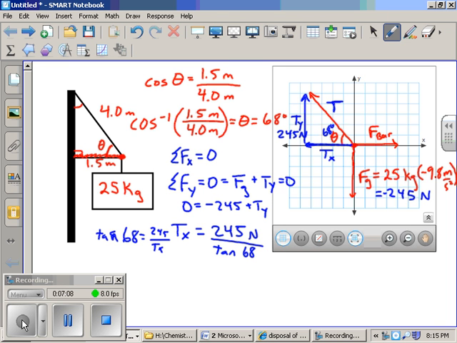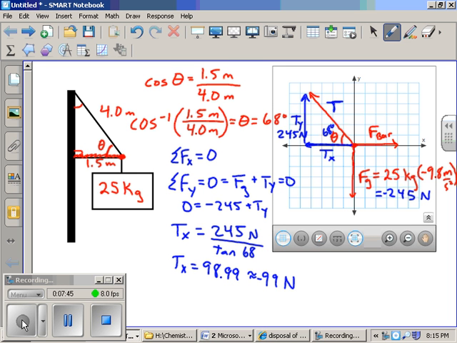And remember, these two things can switch places in one of these equations. So that's how we get Tx as 245 divided by the tangent of 68. And that gives me a force of 98.986 newtons, or 98.99, which is close to 99 newtons. And I guess technically that's a negative 99 newtons since it's pointing to the left.